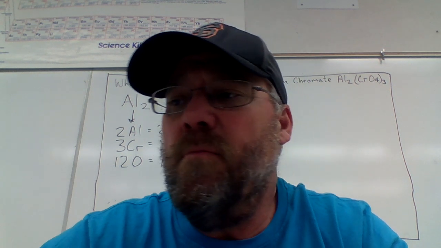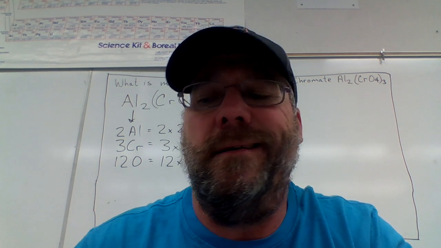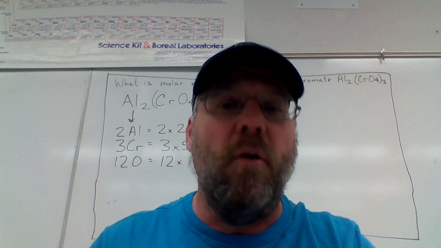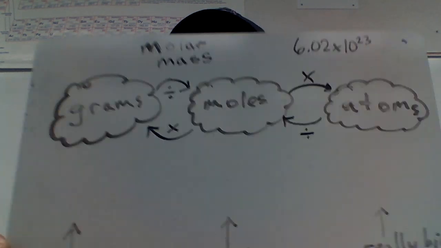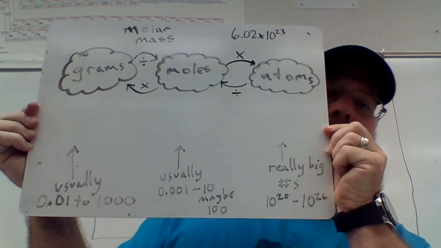When we compare moles and mass, what I've found through the years is that a little schematic always helps. So I'm going to try and show it to you here in the most effective way possible.